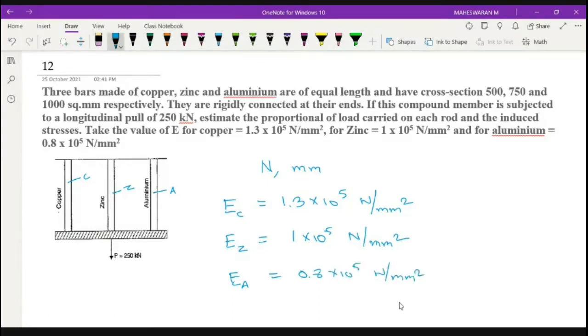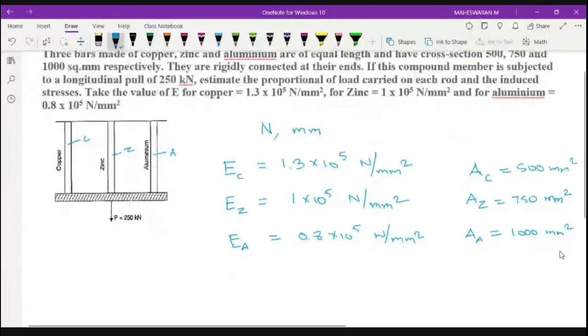Other than this, you also have the areas. Area for copper, AC, is 500 mm square, which is given. Area for zinc is 750, which is also given. And area for aluminum is 1000 mm square, that is also given.